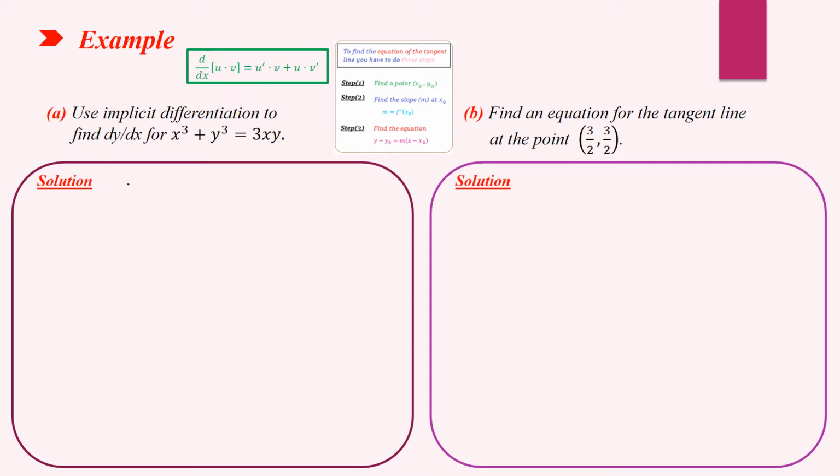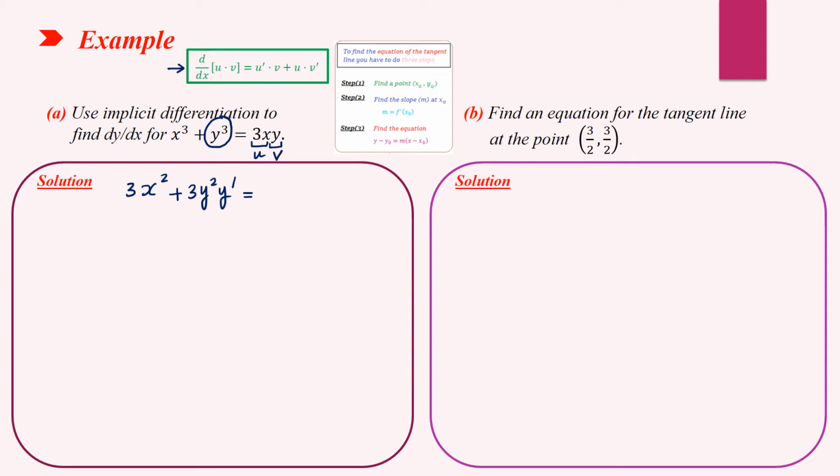So we have 3x squared plus 3y squared, but you have to multiply it by y prime because y to the power 3 is a function in terms of y, equals the derivative of the right hand side, and the right hand side is a multiplication of two functions. So name 3x u, name y v, and apply the product rule.